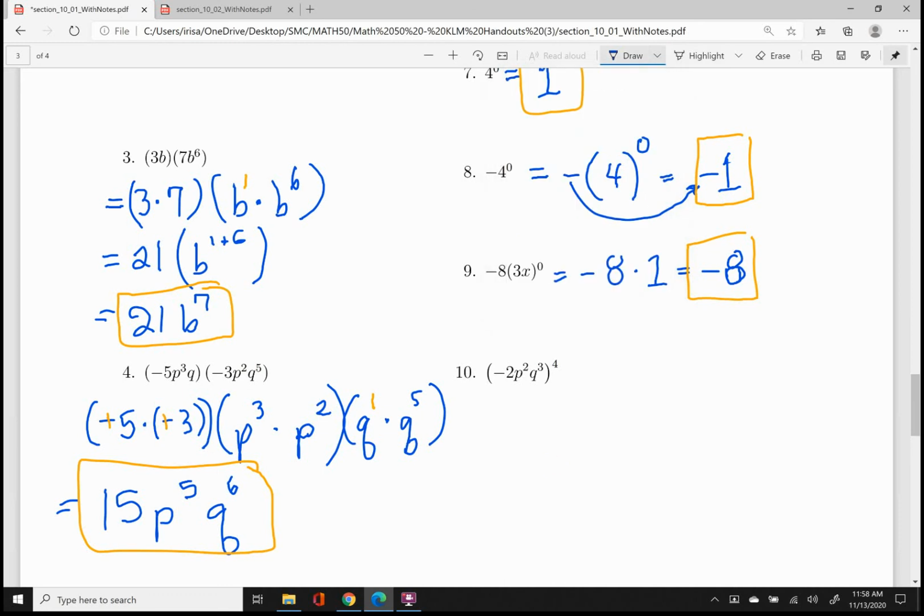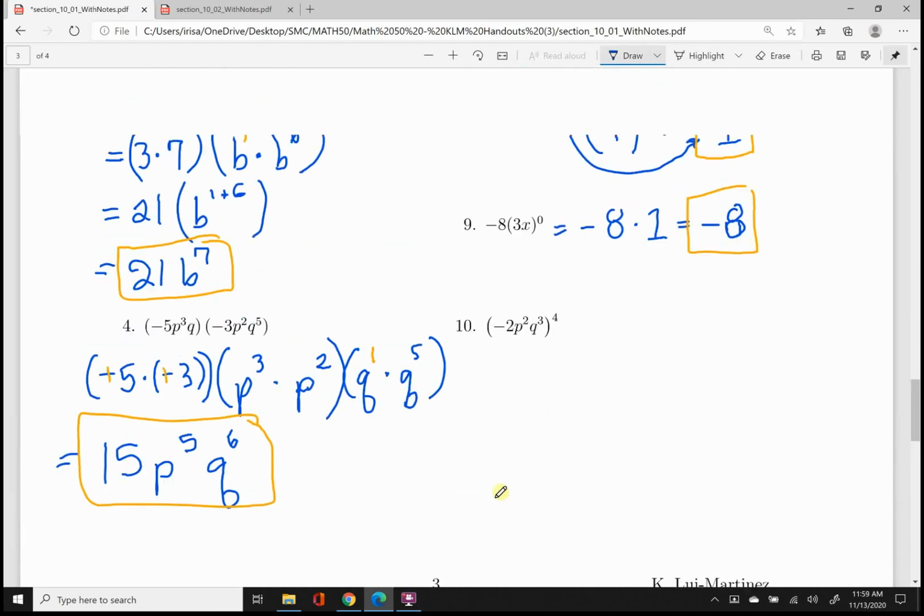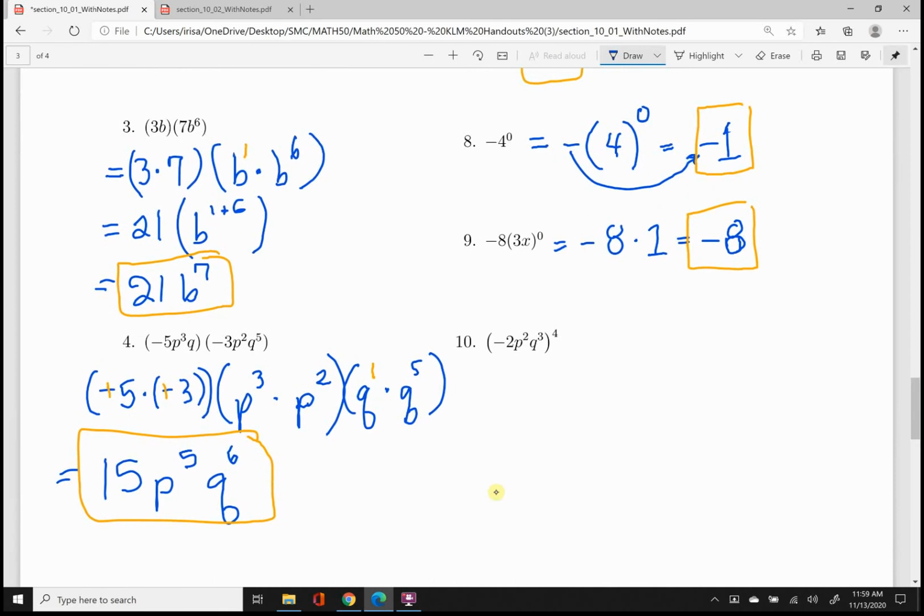So last in this set, I believe, is going to be a product raised to a power, and some of the items inside of the product are already exponential expressions. So essentially what we want to do here is take -2, and have that negative inside of some parentheses and raise it to the 4th power.